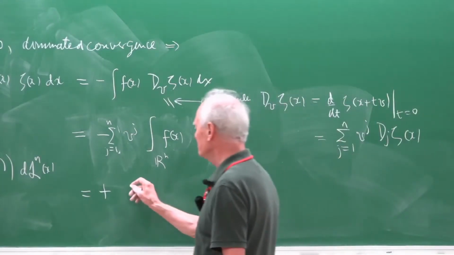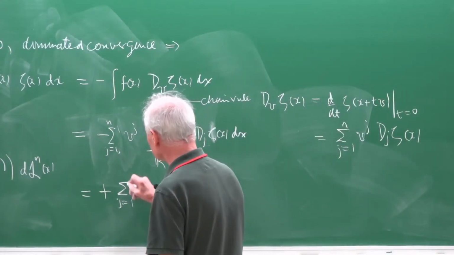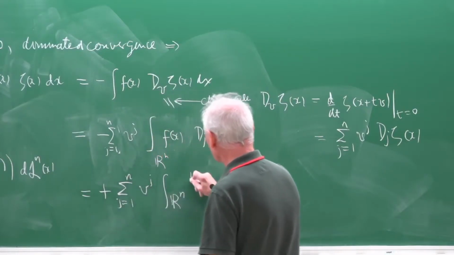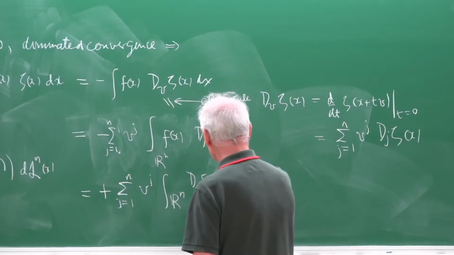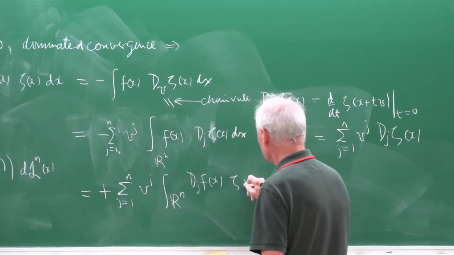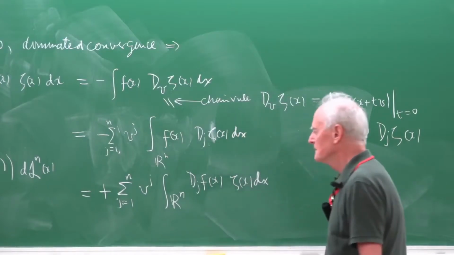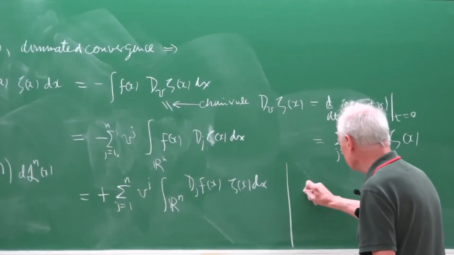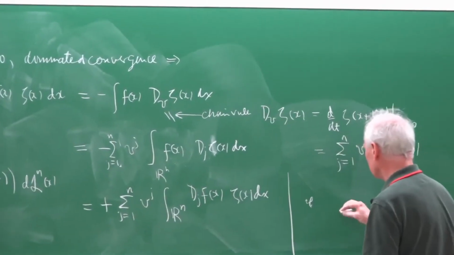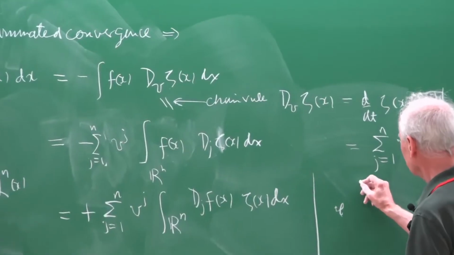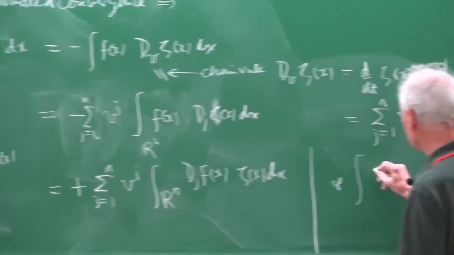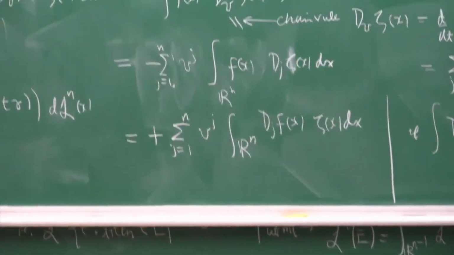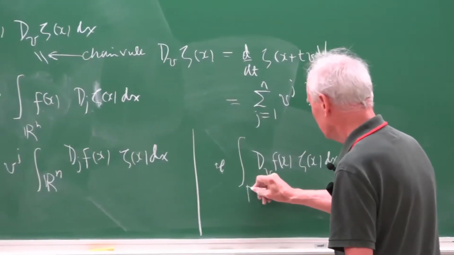And then it's the sum, j equals 1 up to n, vj times the integral over Rn of dj f x zeta x dx. So another way to say that is we could put the sum back inside now. So this is dv fx zeta x dx, oh, sorry.